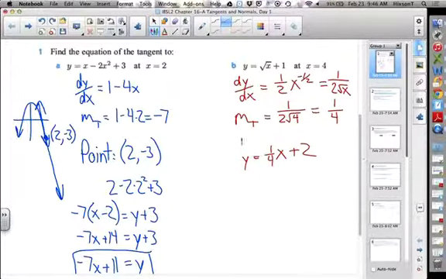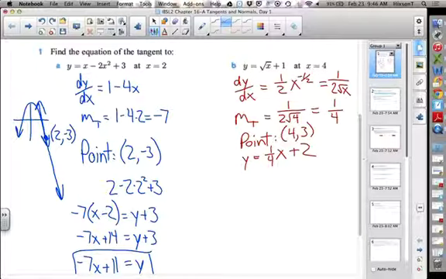So our point of contact or point of tangency is (4, 3). Okay? So you plug the 4 in for x, you plug the 3 in for y, and you get 3 minus 1 is 2 for b. Okay, so y equals 1/4 x plus 2.